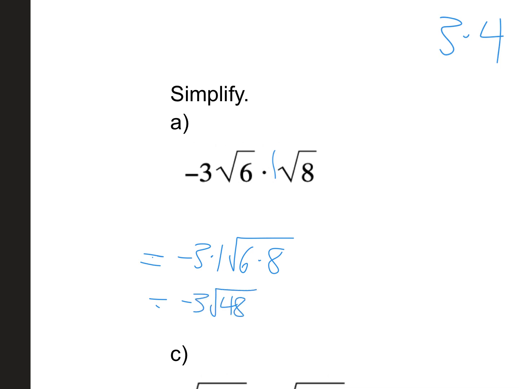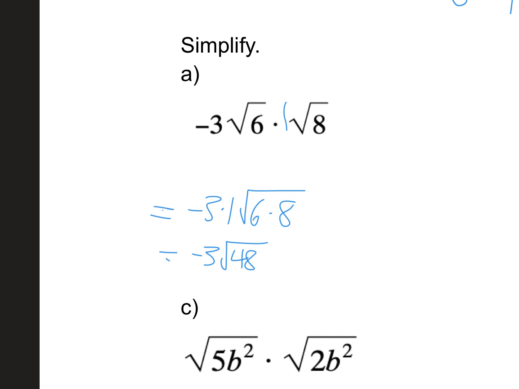You can use your calculator. And then we can simplify the square root of 48. If we do some work here, we'll realize that 48 is actually 3 times 16, and 16 is a perfect square.